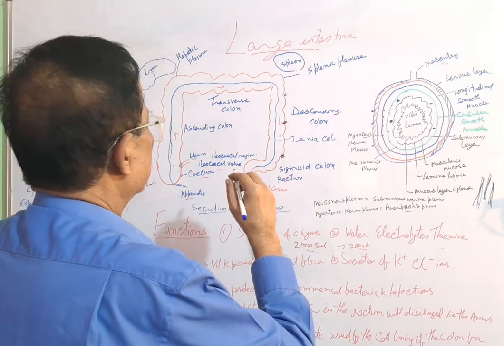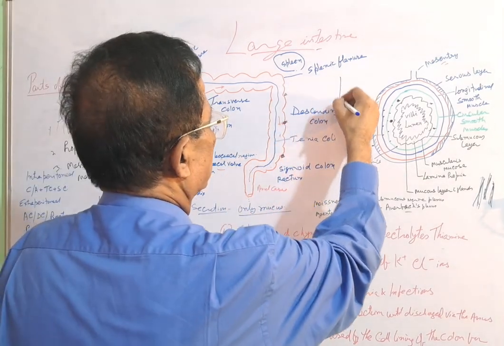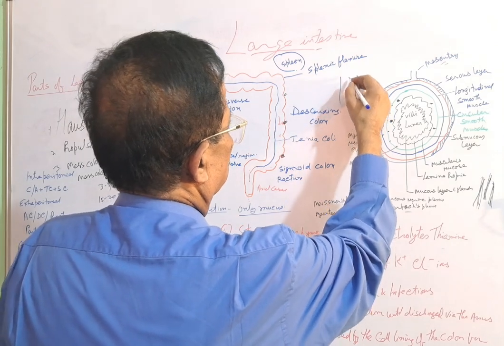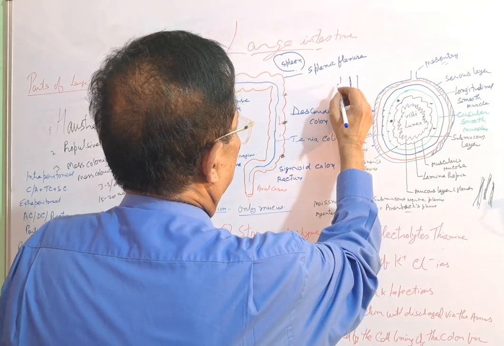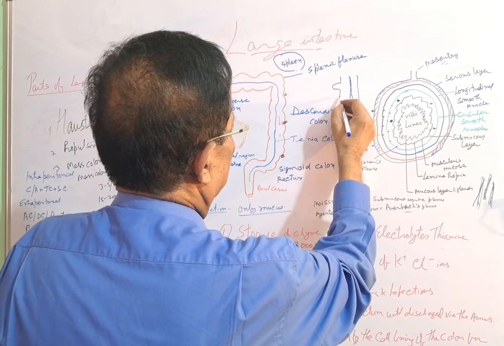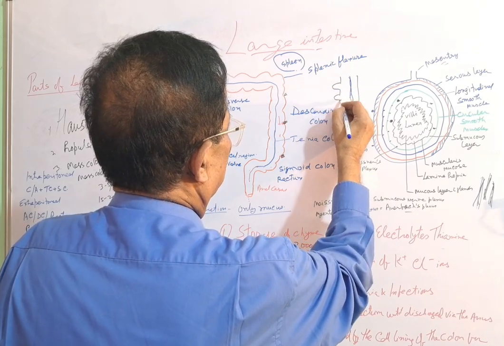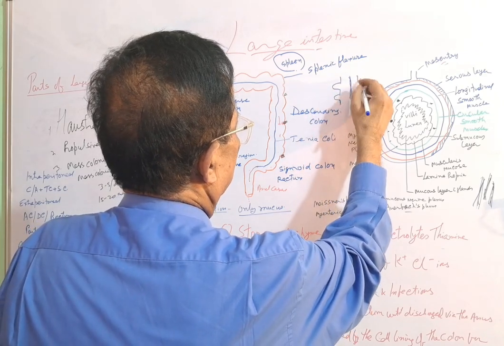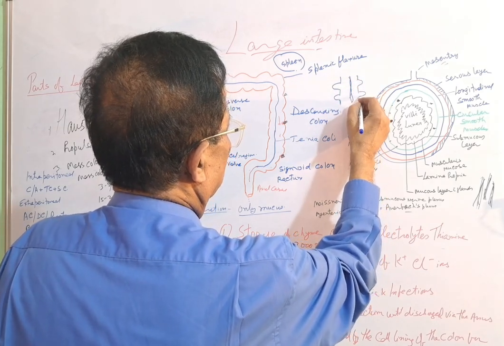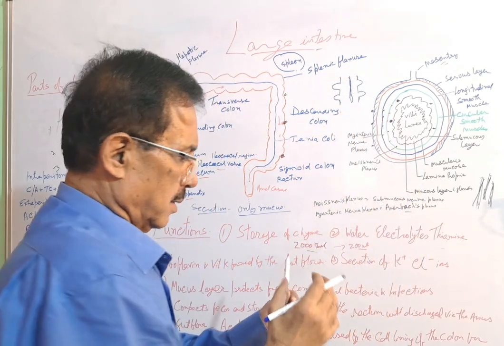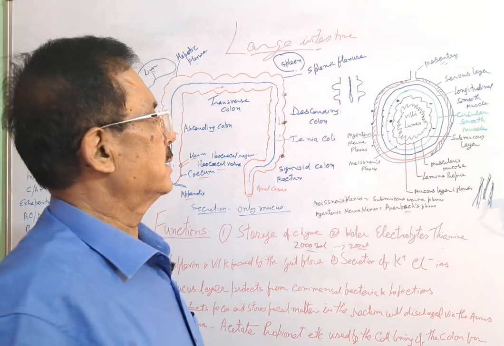Therefore, when they are in a tonic state, this will cause puckering of the large intestine. It will appear like this, a sacculated sequence.